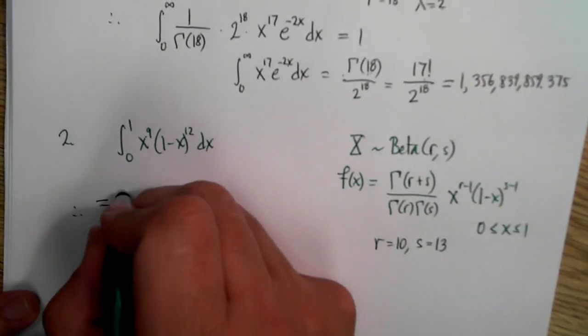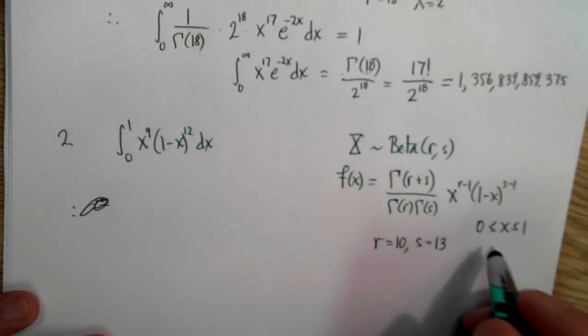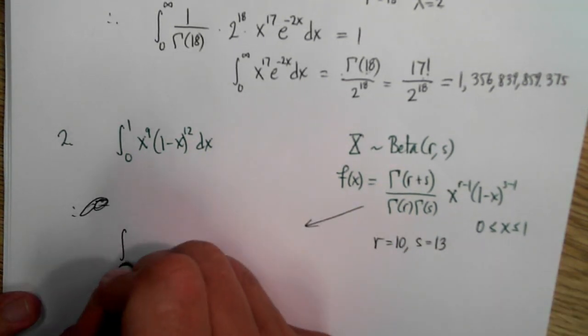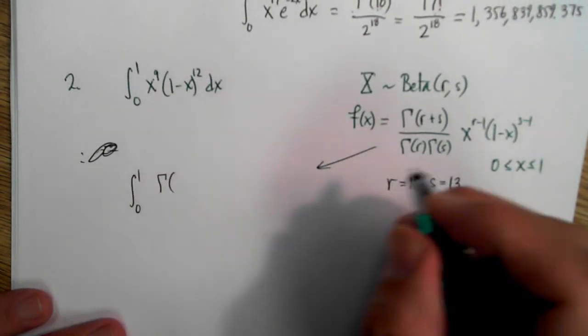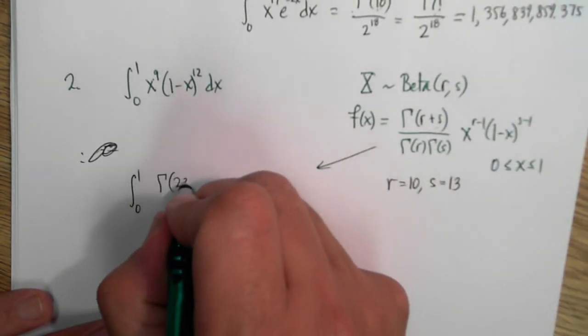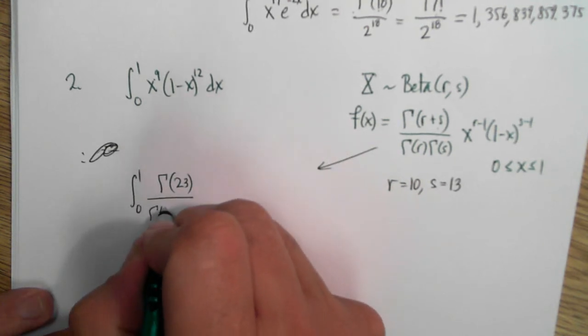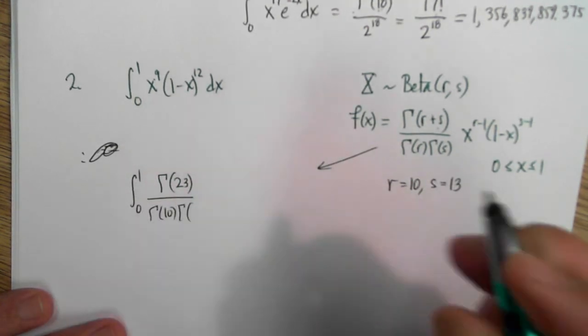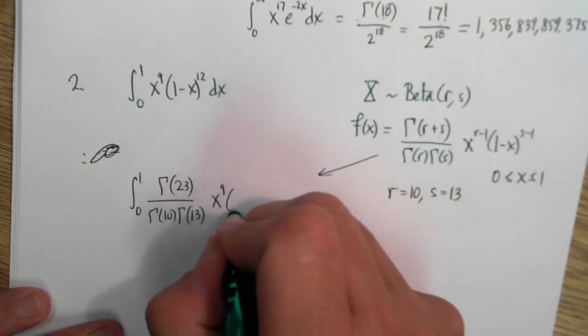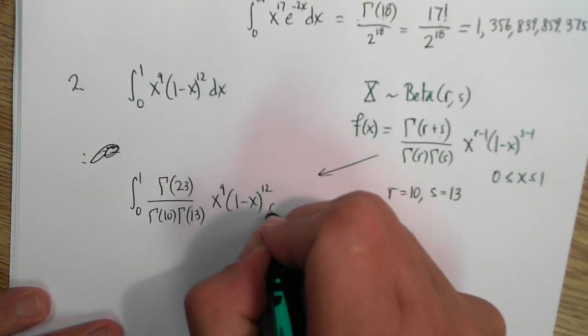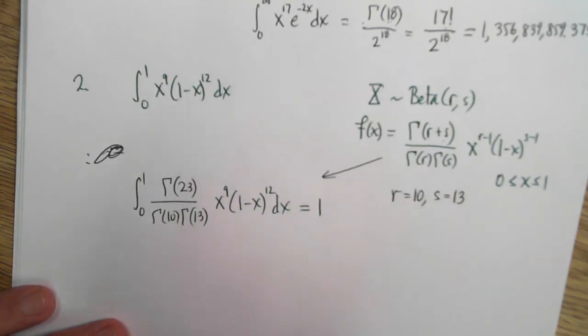So according to my rules here, this means if I have the integral from 0 to 1 of gamma of r plus s, 23, divided by gamma of 10 times gamma of 13 times x to the 9, 1 minus x to the 12 dx, that is automatically equal to 1.